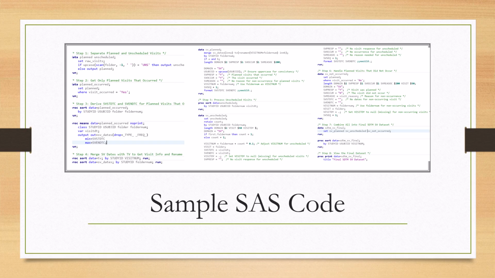Like we have seen in the sample raw dataset, the unscheduled visits were for AE and LB. So the clinical importance for AE may be more than for LB. In that case, the unscheduled visit for AE will be considered first in the order, and the record for LB will be considered later.